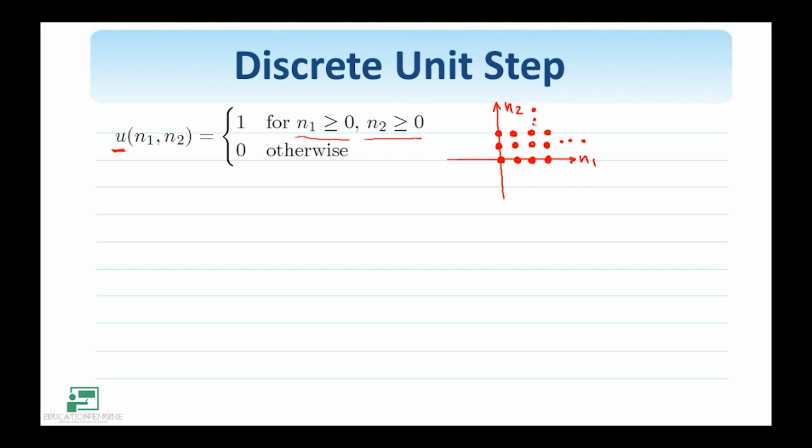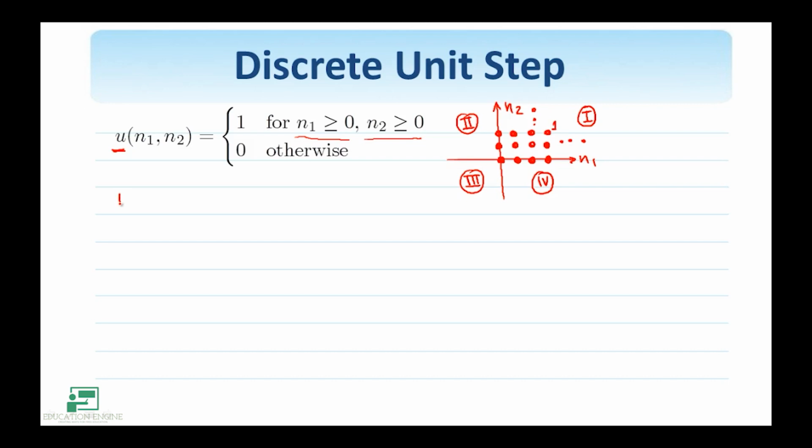So the values of the solid circles are 1, and this signal extends from 0 to infinity in the N1 direction and 0 to infinity in the N2 direction. We often label the quadrants. This is the first quadrant, this is the second one, this is the third one, this is the fourth one, and in this case we say that the discrete unit step has support in the first quadrant.